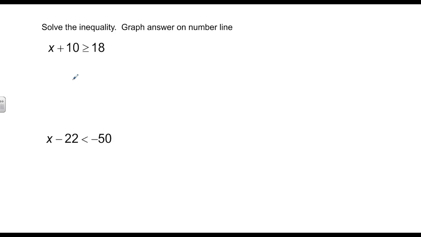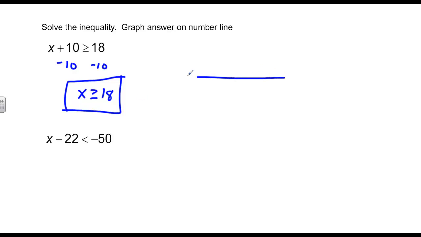We're going to solve inequalities basically the same way we solve equalities. We subtract 10 from both sides, and we end up with x is greater than or equal to 18. Now this is the actual solution to this inequality, but then they want us to graph the answer on a number line. So I'm just going to draw a random line.